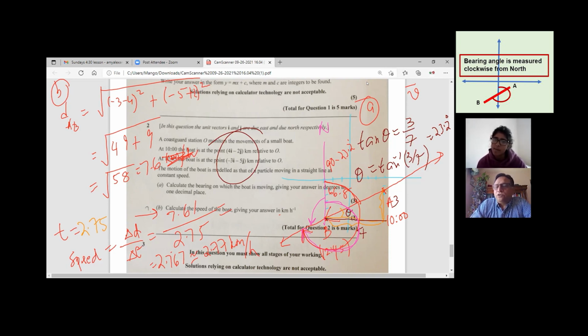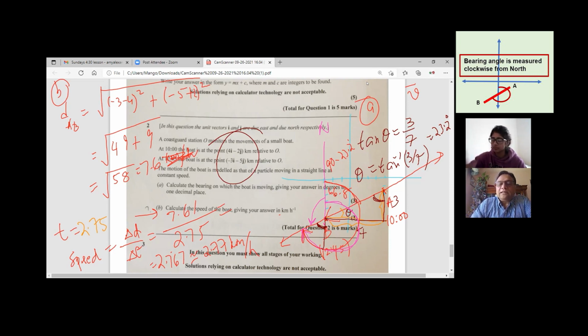Okay. Other way you could do, let's do the alternate also. You could find this angle, correct? That means what angle you found is this angle, which will be 66.8. And then add 180 to it. Is that clear to you? Yeah.